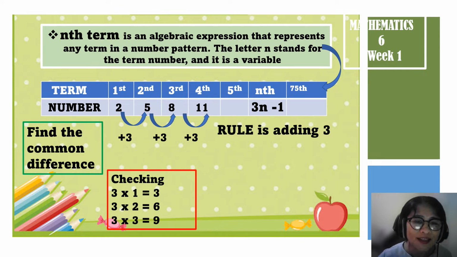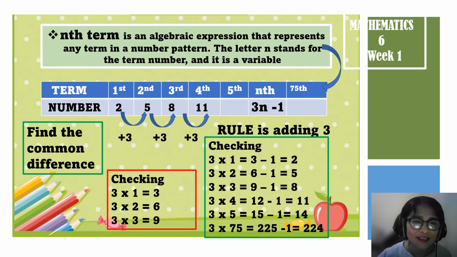Okay, so gamit ang formulang ito, i-check natin kung tama nga ba lahat ng sagot natin kapag ginamit natin yung formulang to, na 3n minus 1. So, 3 times 1 is equals to 3 minus 1. The answer is 2. Ayun, tumama na yung sagot natin sa first term.